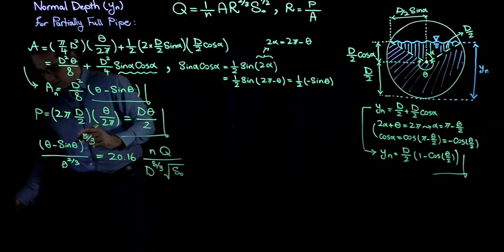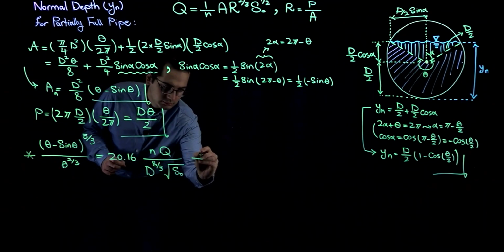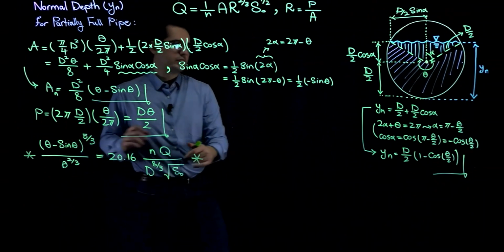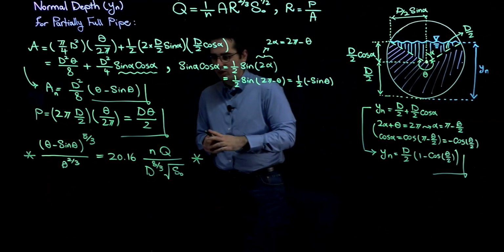All right, so this is the Manning's equation when you have a circular pipe that is partially full.